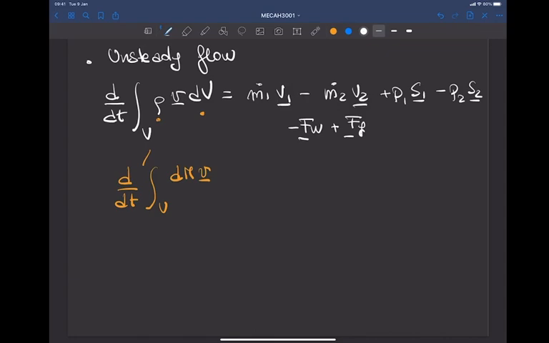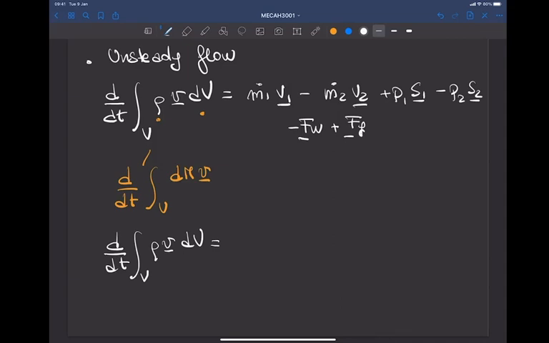Okay, so let's continue. Then I have d over dt integral of rho v dv. I do the same expansion that I did before. So what I mean here is that I remember that m dot is the product rho v times s.